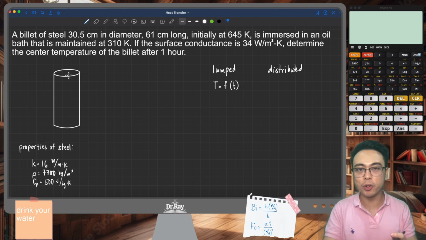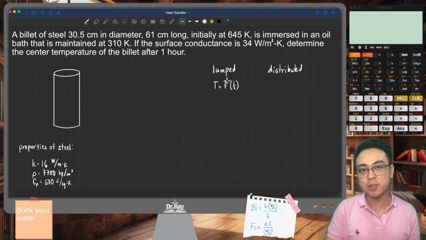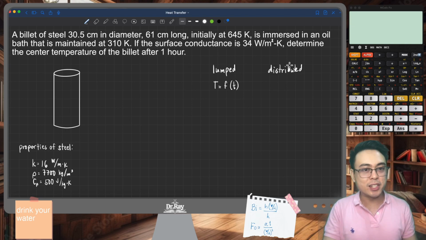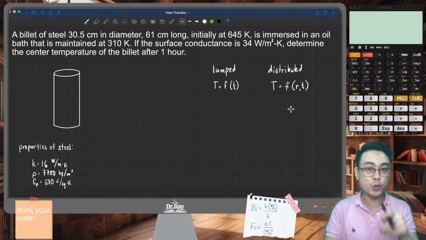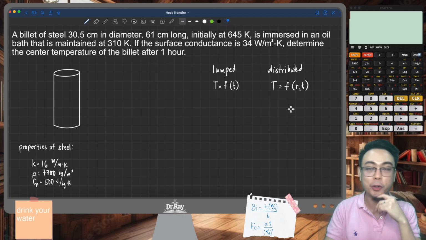We assume that there's no temperature differences between the parts of the cylinder if it's a lumped capacitance model. If it is a distributed system, the temperature is now a function of both position and time. I'm just using R here to pertain to the radial position inside of the cylinder.